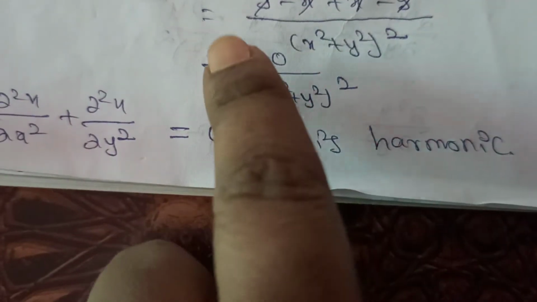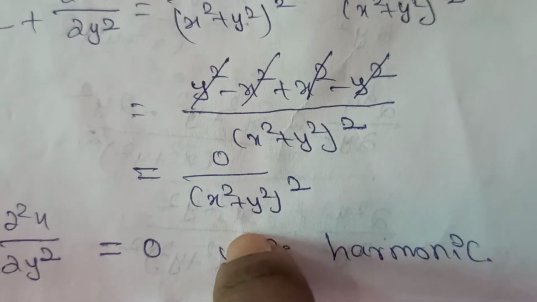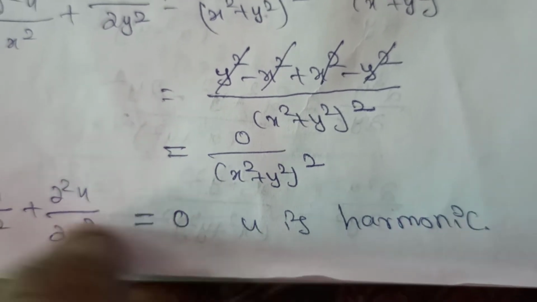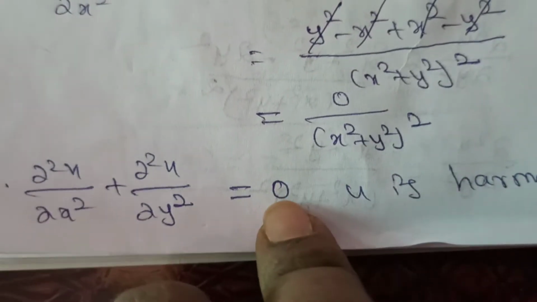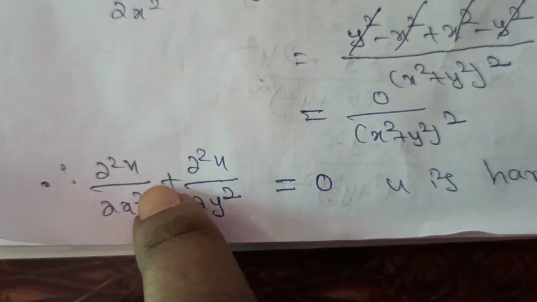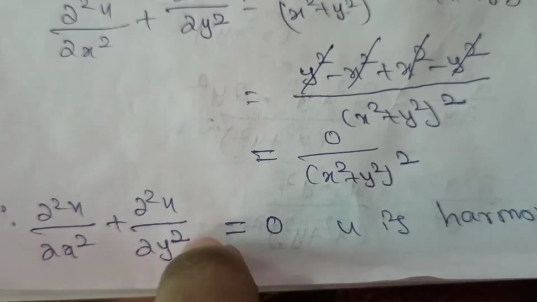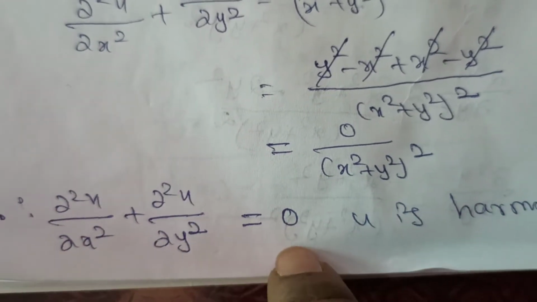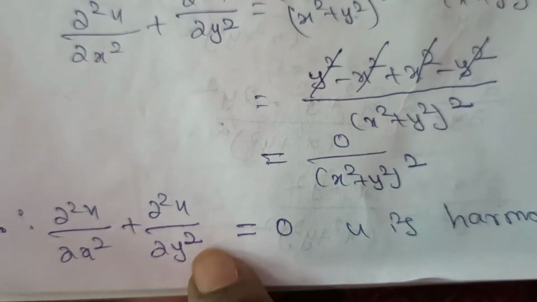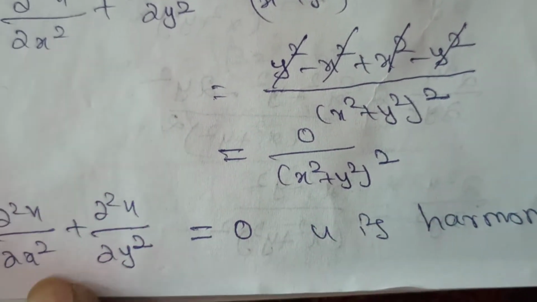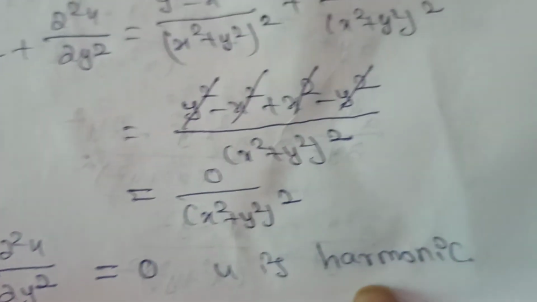Finally it becomes 0 divided by x square plus y square the whole square. 0 divided by anything is 0, so the right side is 0. Therefore ∂²u/∂x² plus ∂²u/∂y² is equal to 0. This is the definition of harmonic, so it satisfies the harmonic condition. So u is harmonic. We say u because here u is the function.